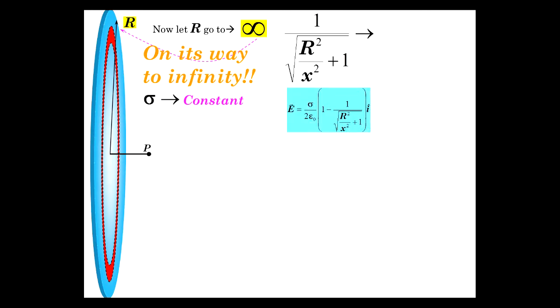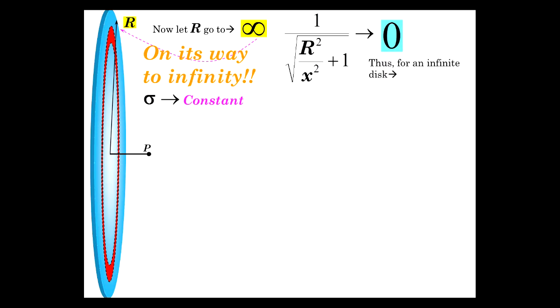And so what happens when R goes to infinity here? Well, this whole thing goes to infinity, and it goes to 0, which is very wonderful because that stegosaurus had its complexity because of this term. And so for an infinite disk, we have the electric field being sigma over 2 epsilon 0.